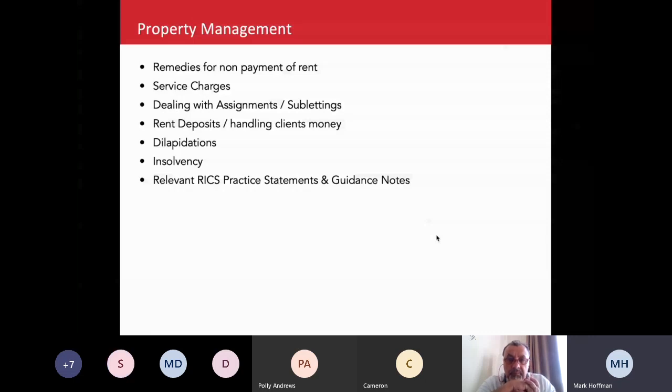Property management as a competency is a very wide subject, and there's lots to potentially learn.